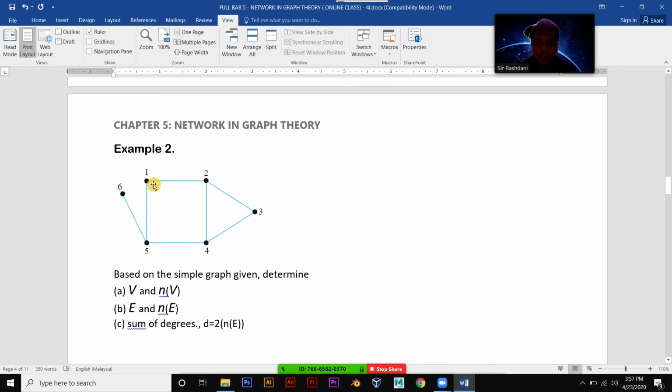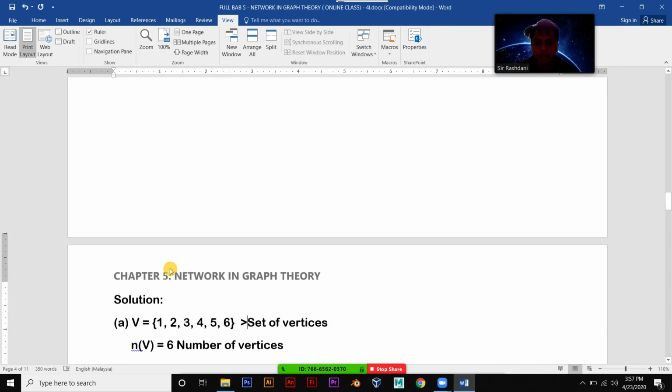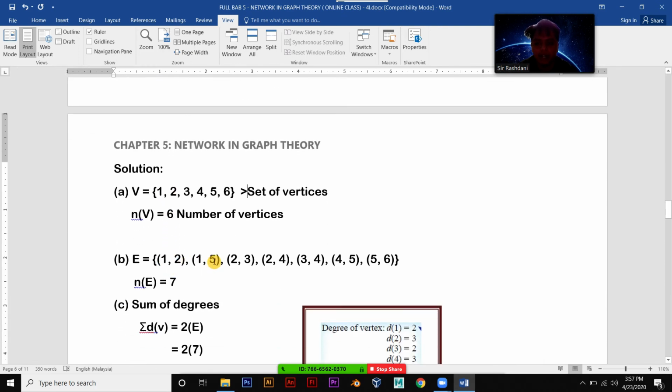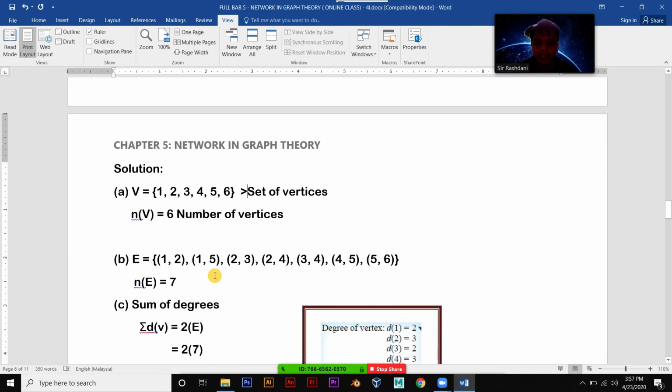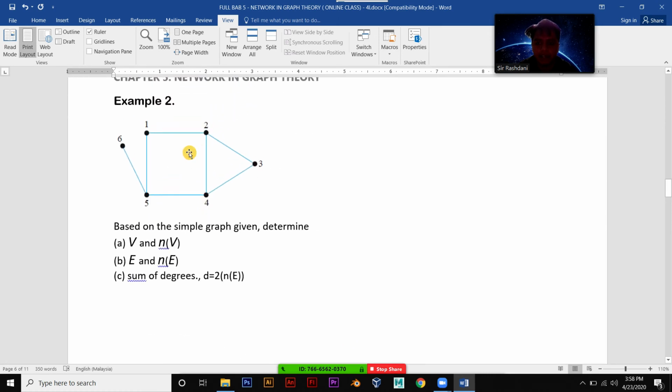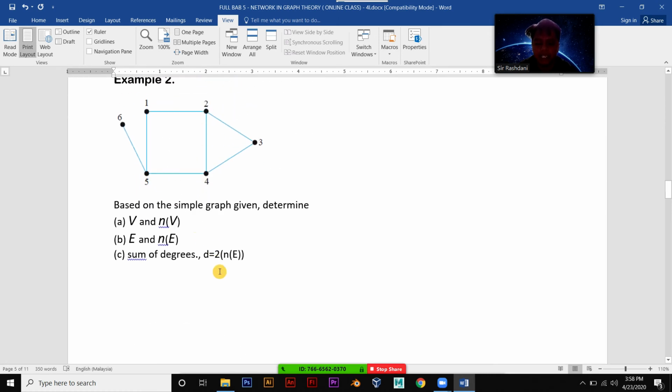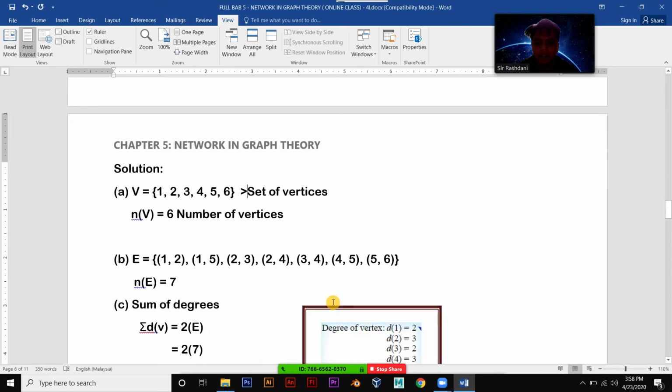So the edges will be {1,2}, {1,5}, and proceed with the other edges: {2,3}, {2,4}, {3,4}, {4,5}, and proceed with 5. The last one is {5,6}. So that's how we do it.